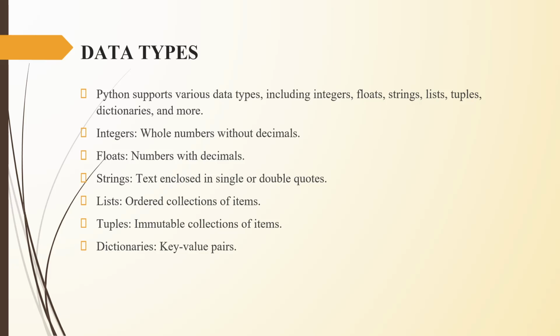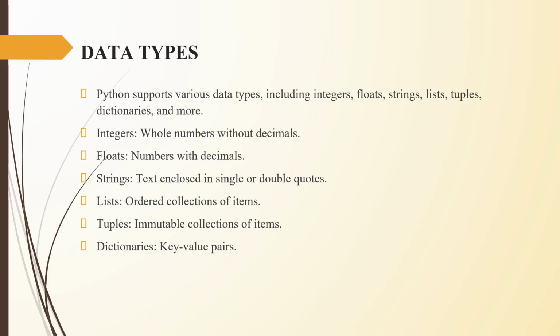Python supports different types of data to store information, such as integers, floats, strings, lists, tuples, and dictionaries. Integers are whole numbers, meaning numbers without a decimal point, like 100 or -50.